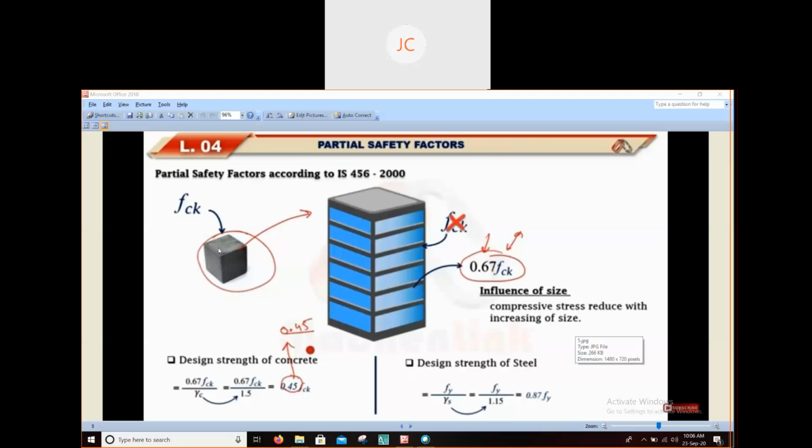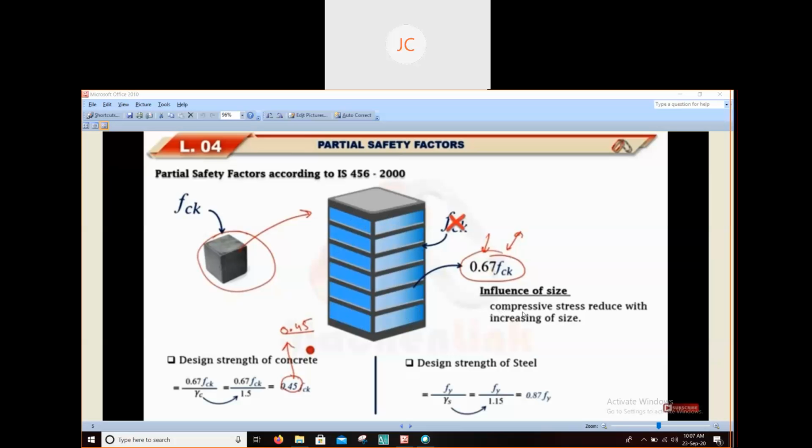Since we are making this cube only 15 centimeter size, but whenever you are going for construction, you can't make 1 cube, 2 cube, 3 cube and add these cubes together and make a building. We have to construct this building as a whole. So you can imagine what is the size of the cube.